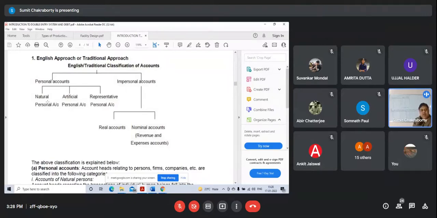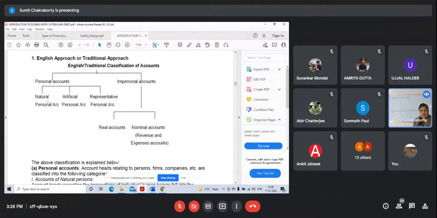Artificial personal account, the name will appear as if that is of a person, but it's not really a person. It's basically companies, right? Like the Tata Steel.